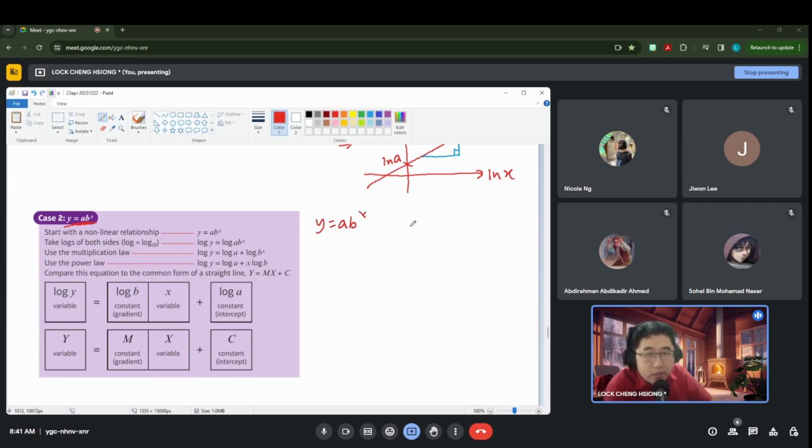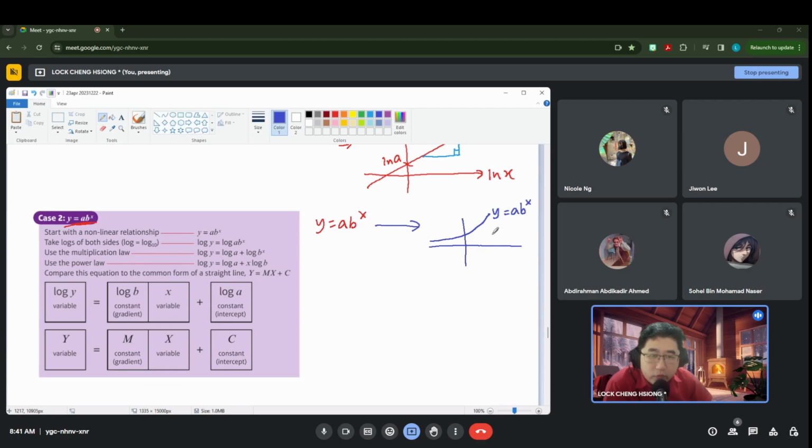Depending on how I draw the graph and on the value of a and b, if I draw it in the proper form, it may give us a form like this. The b power x form is exactly the exponential that we're referring to: 2 power x, e power x, 3 power x.